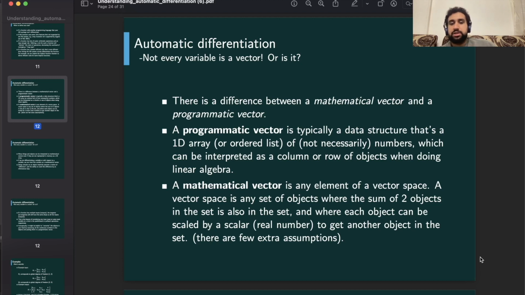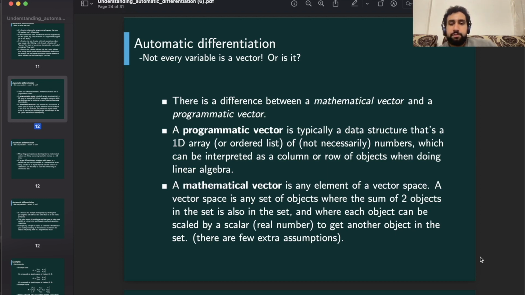Or you can take any object out of the set, multiply it by a scalar or a real number, and then you get another object in the set. And a few other assumptions, like you have to have some associativity and some restrictions on what it means to add two things and what it means to multiply something by a scalar. But basically, if you have these two notions of addition and scaling, you get a vector space, and any element of this vector space is a vector.